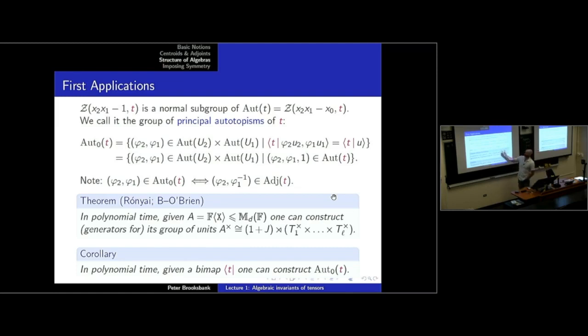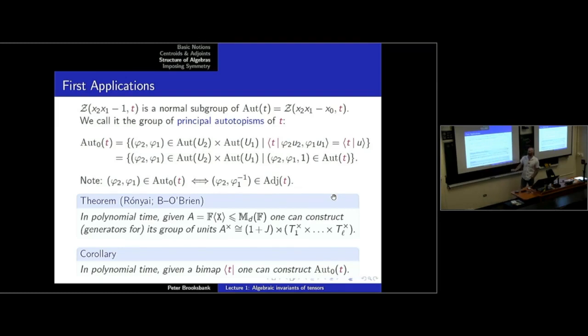And what I want to focus on today on this slide is something that's associated to a different polynomial where we just get rid of the x0 and turn it into a 1. So it's the same defining equations as for the autotopism group, except you've just got the identity in the third coordinate. And it turns out that this changes everything. By the way, we call this thing the principal autotopism group.